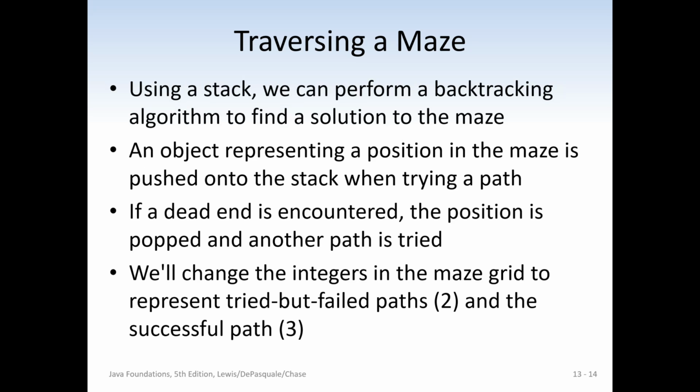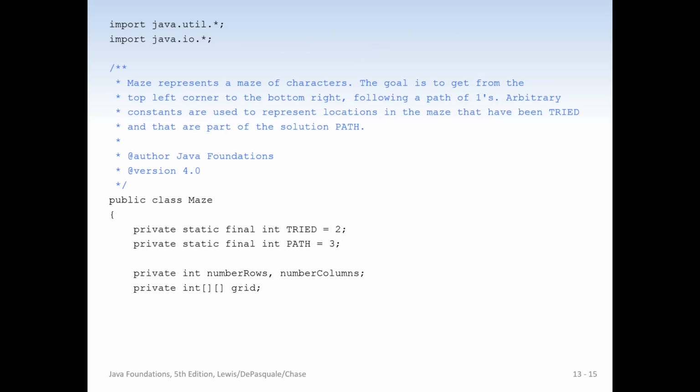We're going to have an object that represents the position in the maze that we push onto the stack when we try a path. If we encounter a dead end, the position is popped and another path is tried. We'll change the integers in the maze grid to represent tried but failed paths as 2 and successful path as 3.